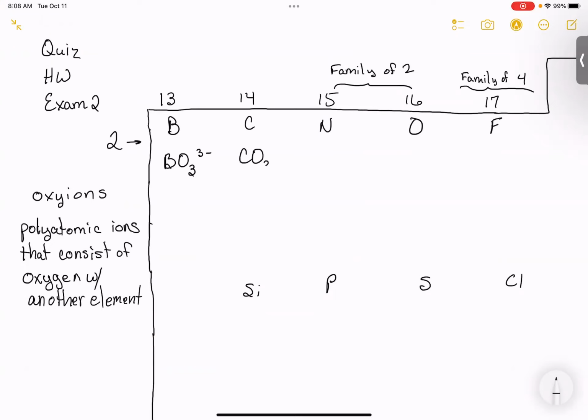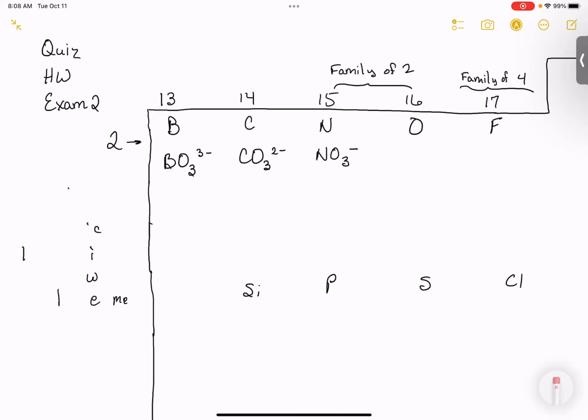Carbon, it's CO3, 2 minus. And nitrogen, it is NO3 minus. So what is the first trend you recognize?